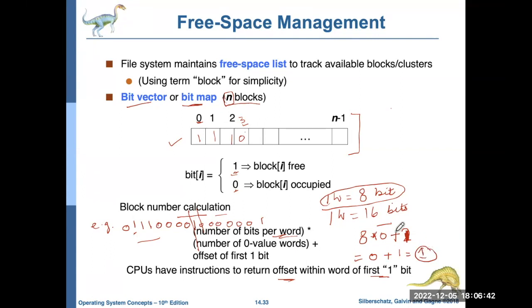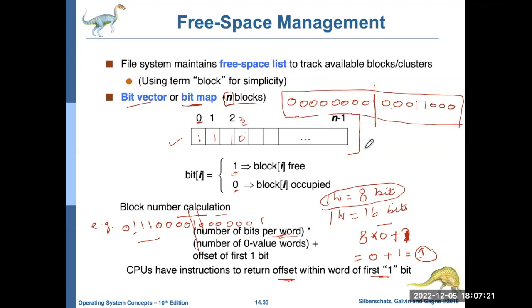Now, you may be surprised why I'm doing it like this. Let's suppose another example, where one word is all zeros and the other word has a 1 bit. If this is the status of the bit vector, we have to find the first block which is free.